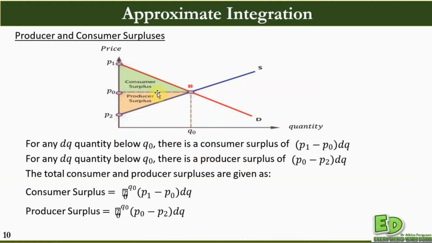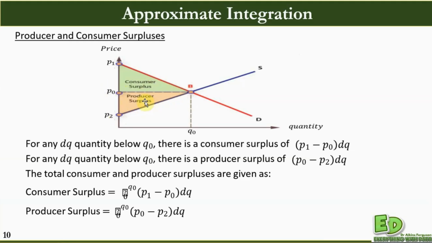This shaded region here, between P1 and P0, this triangle over here represents your consumer surplus. The other triangle here, where you have P0 and P2, is also your producer surplus.